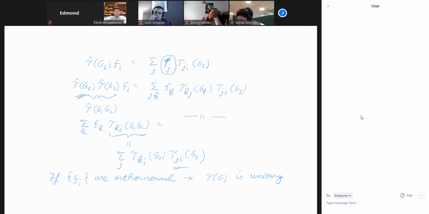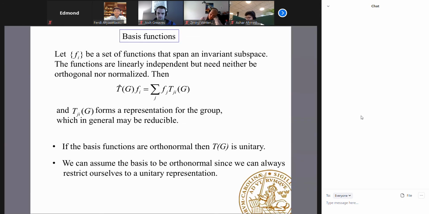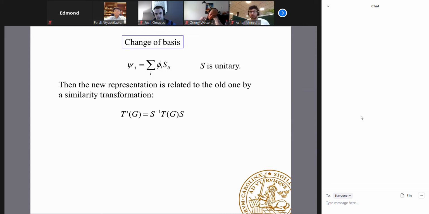Okay, so this is what we have for the representations. We also sometimes need to consider a change of basis. This is just a simple thing.